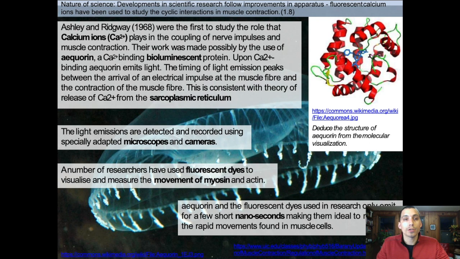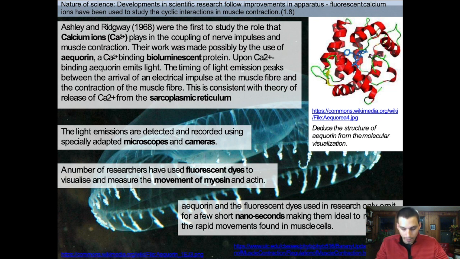So we have some nature of science here to discuss. We have developments in scientific research following improvements in apparatus. What that means is oftentimes we are able to gain more scientific knowledge when we are able to improve the equipment that we are working with. That sounds pretty obvious, but it's also important to remember that our scientific understanding is limited by the equipment that we have at hand.